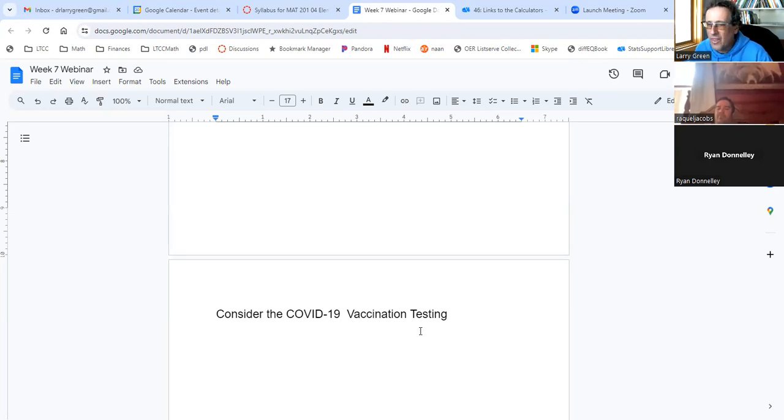So what they did is they did a hypothesis test. There's a step-by-step process for doing a hypothesis test. The first step is to state what's called the null and alternative hypotheses.